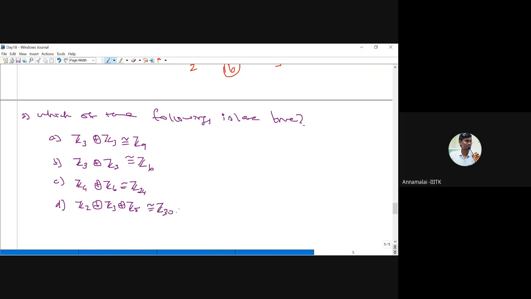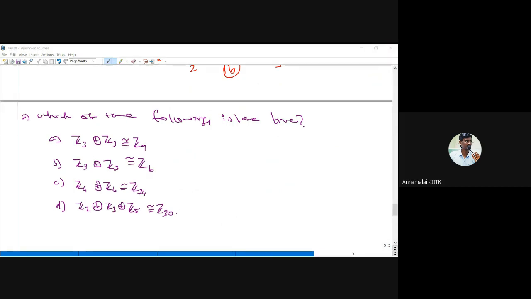Now, what is the correct answer? Please type in the chat box which one is correct. We know the theorem. Does anyone know the answer? Use the previous result.